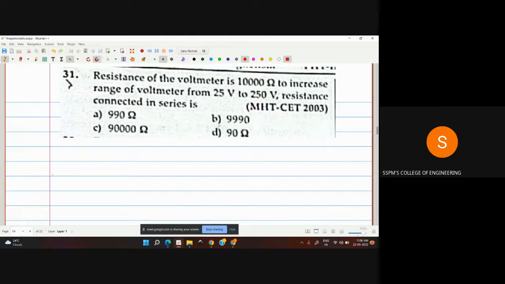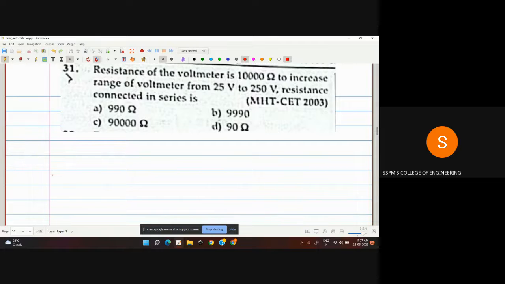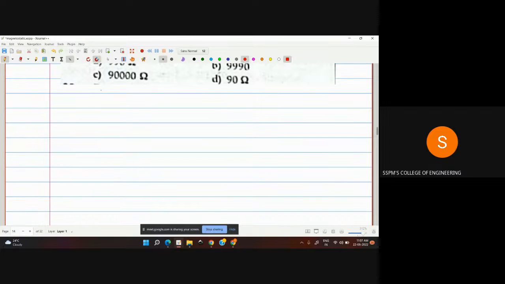This example is based on the galvanometer as a voltmeter. When you have to use a galvanometer as a voltmeter, then a resistance should be connected in series with the galvanometer, isn't it? Here X is connected in series with the galvanometer.